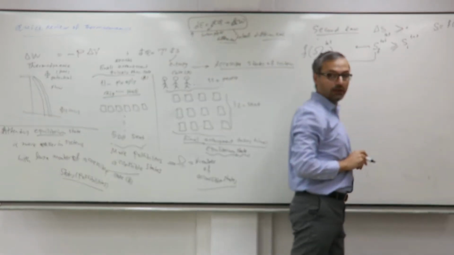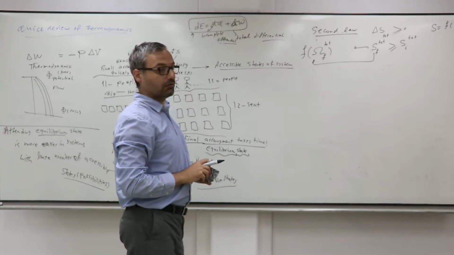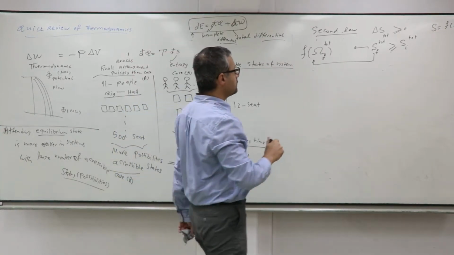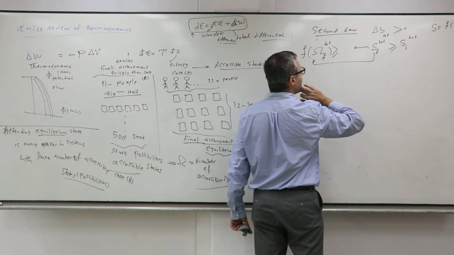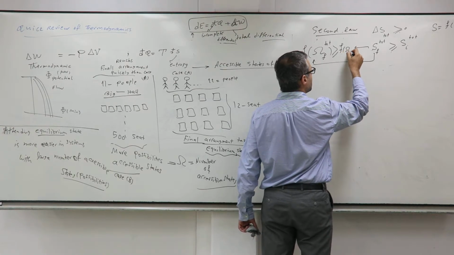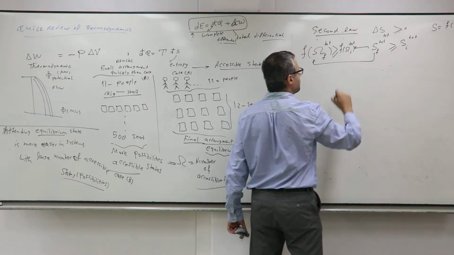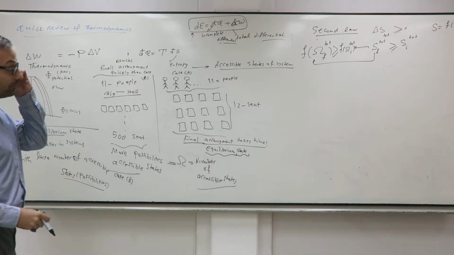We don't know how, for example linear or exponential or quadratic. So you can just say that the entropy is an increasing function of the number of accessible states. Delta S should be positive.